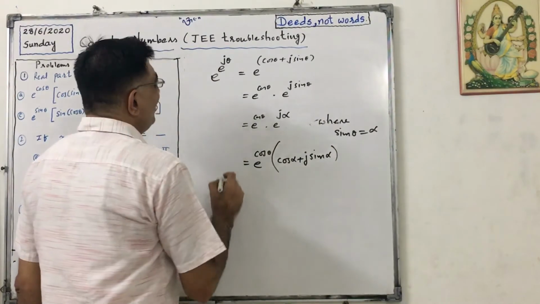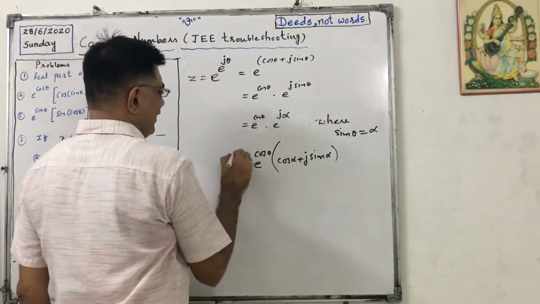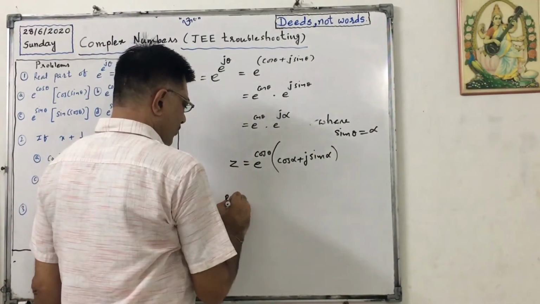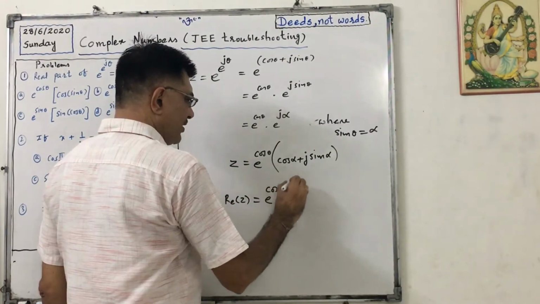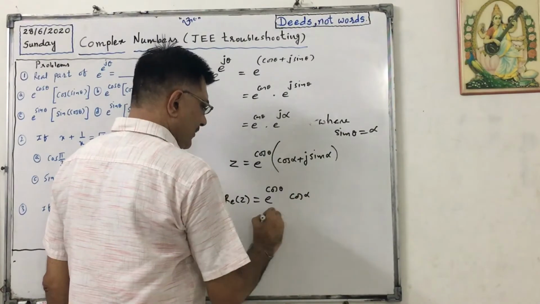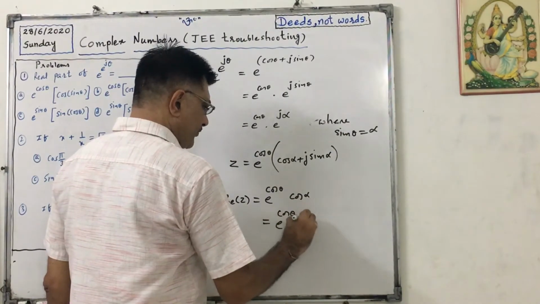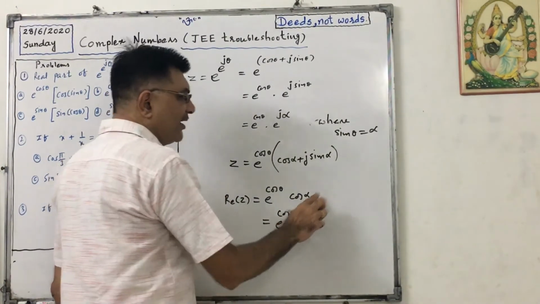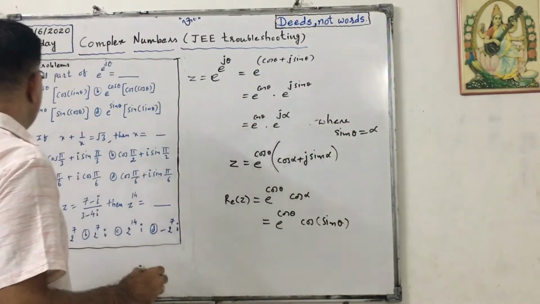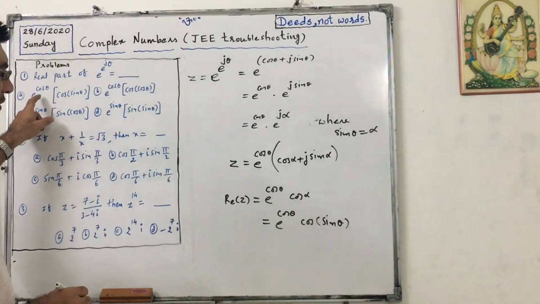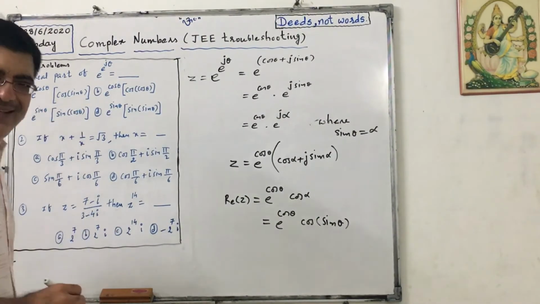Now suppose this is z. Then real part of z will be equal to e raised to cos theta into cos alpha, which can be written as e raised to cos theta into cos of sin theta. So the answer is e raised to cos theta times cos of sin theta.